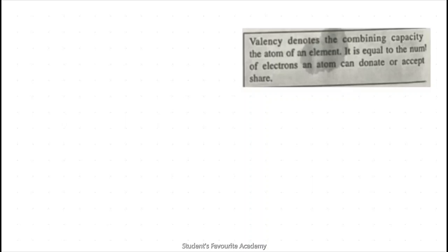It is equal to the number of electrons an atom can donate or accept. So it's not necessary that in valency an atom will only accept electrons. It's very possible that it can donate also, but the condition is that they should be able to attain the noble gas configuration.